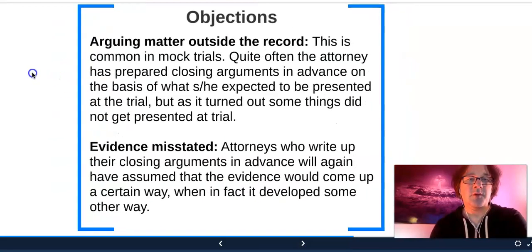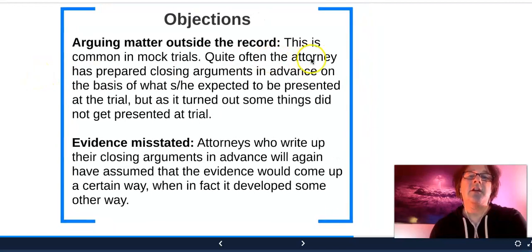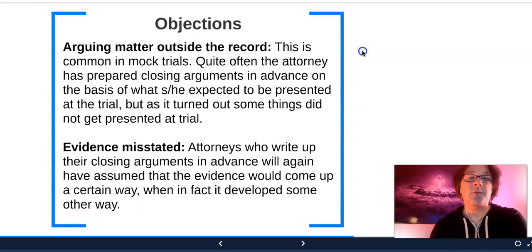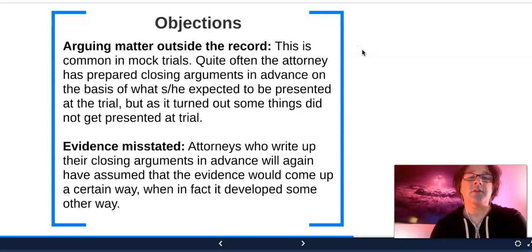So we spoke a little bit about the goals here and the objections. When we talk about the different objections that can be used or stated during closing arguments, one of them is arguing matters outside the record. This is kind of common in mock trials. Often the attorney has prepared closing arguments in advance on the basis of what they expected to be presented at trial, but it turns out that some things don't necessarily get presented at trial.